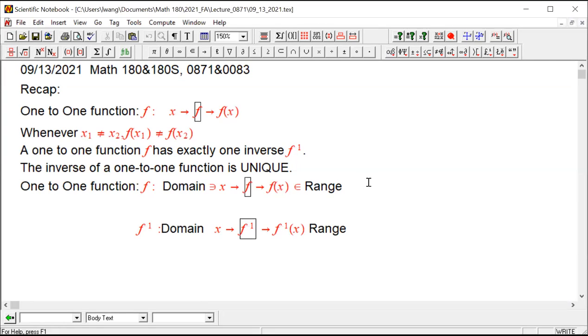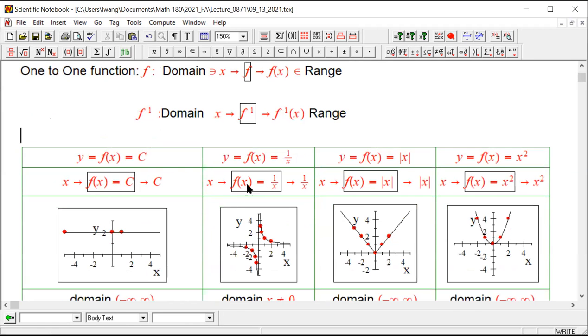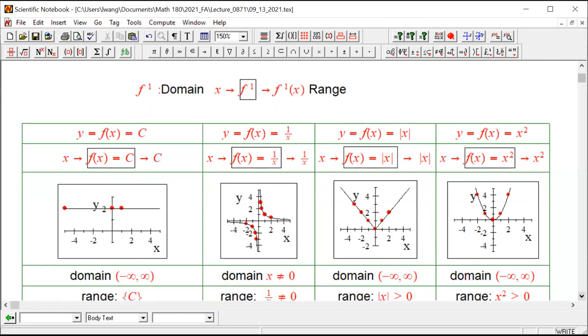So that's one-to-one function. Well, then what do we do? Okay, let's look at some examples. Next, look at the 8 functions we studied. Do we know which one is one-to-one, which one is not one-to-one? Very quickly, you can decide.